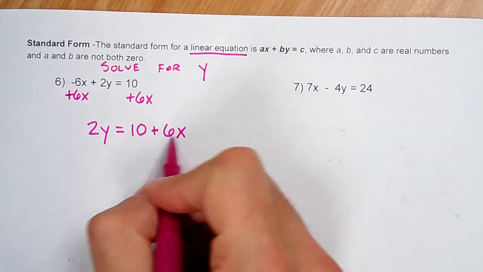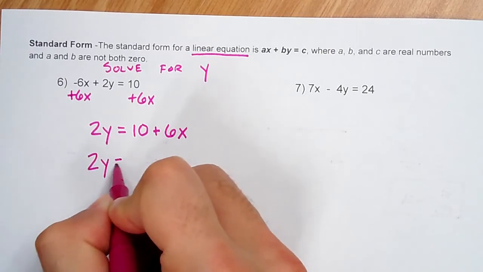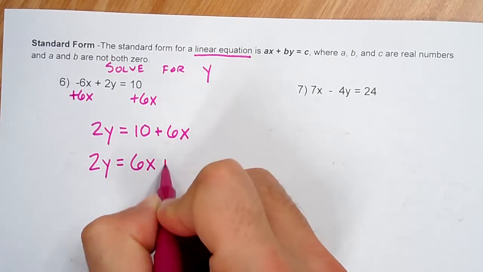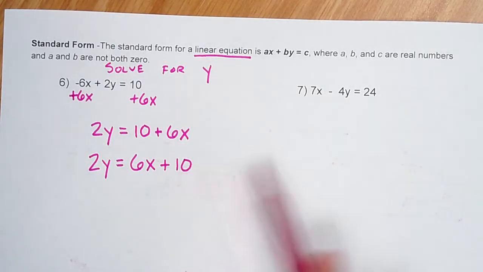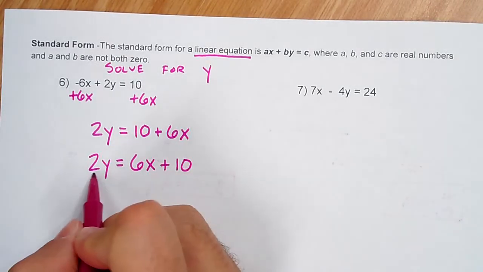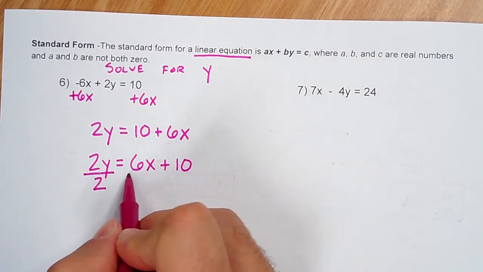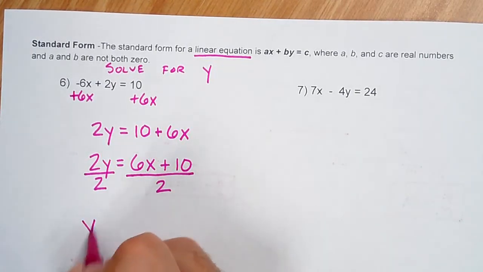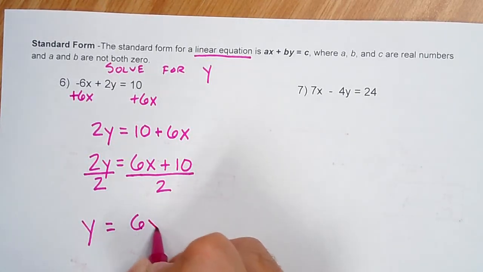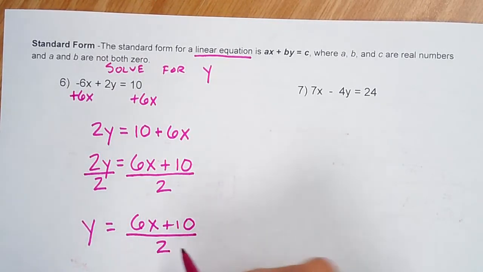Now, I like the x terms to come before the numbers, so I'm going to rewrite this as 2y equals 6x plus 10. It's the same, but I like the numbers at the end. Now I need to get y by itself, so we're going to divide this whole side by 2. So we have y equals 6x plus 10 divided by 2.